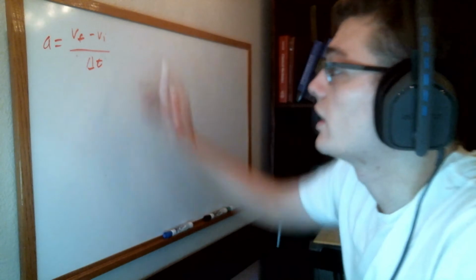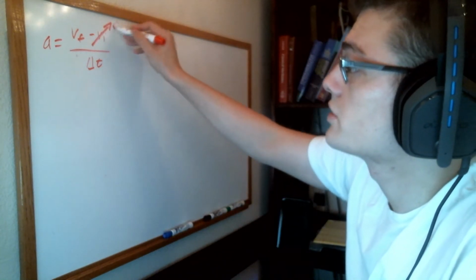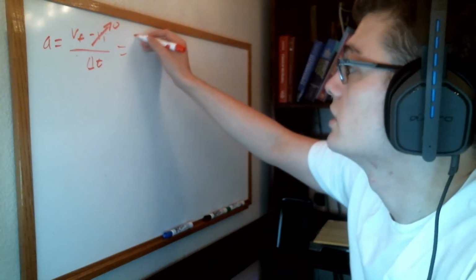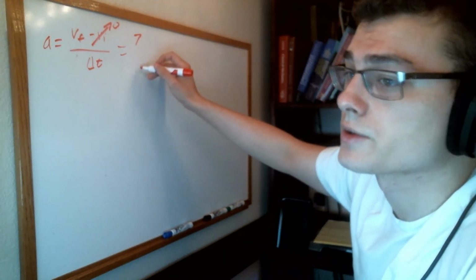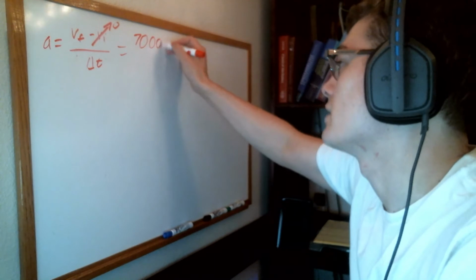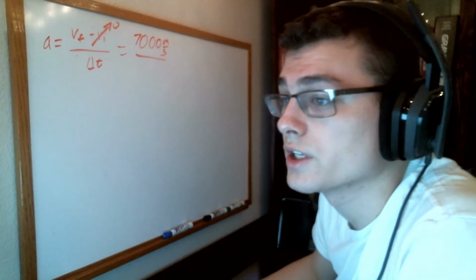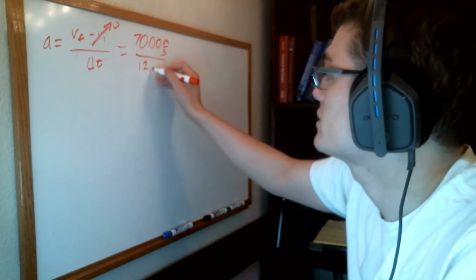Again, since it starts from rest, vi is also equal to 0, and so then we just get 7 kilometers per second, so we're going to write that as 7,000 meters per second, all over 2 minutes, so it's going to be 120 seconds.